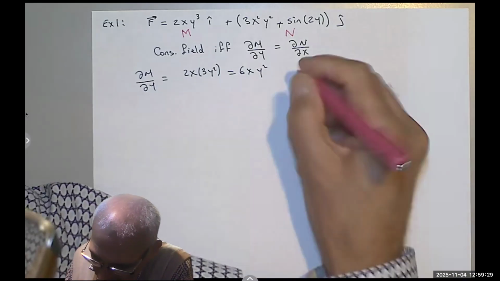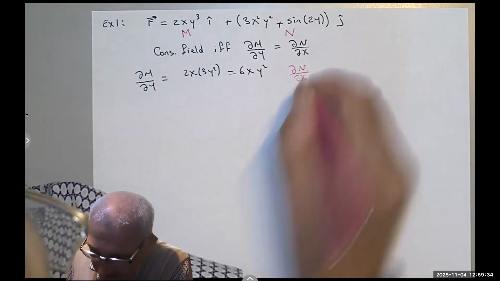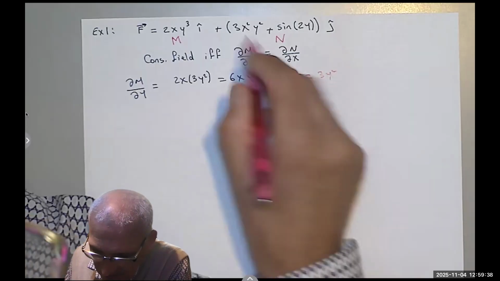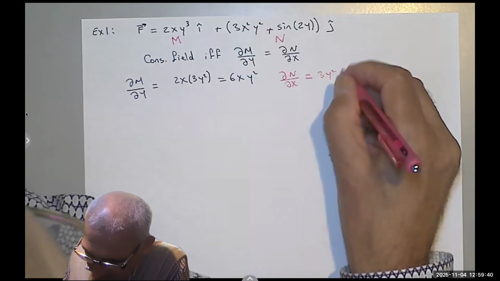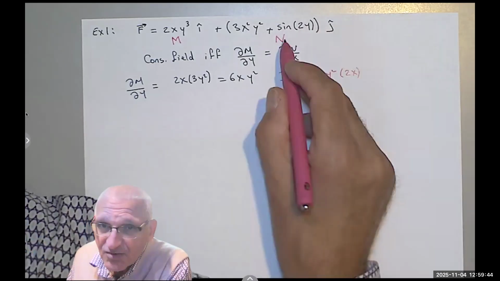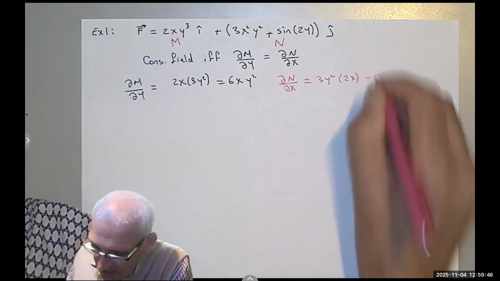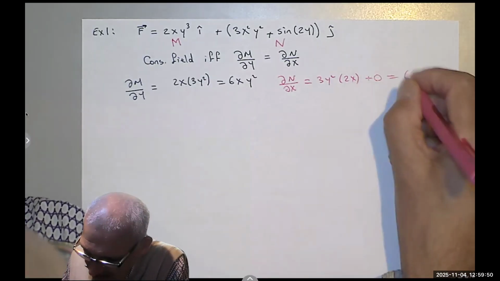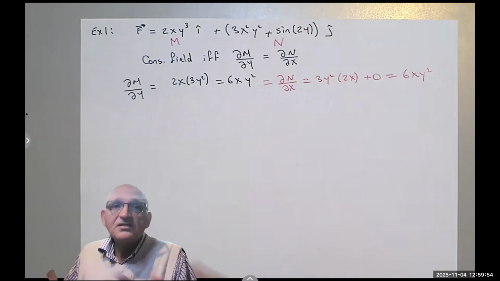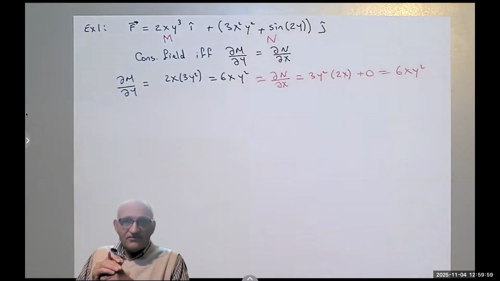Now, when we do partial N by partial x, 3y squared is a constant, and the derivative of x squared is 2x. And this thing, as I said, any function of y would work, gives plus 0. 3 times 2 is 6xy squared. They are equal to each other, so that is a conservative field.